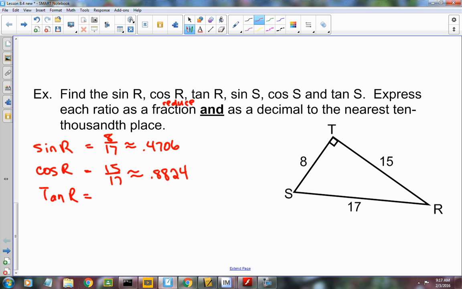And the tangent of R, what's the tangent of R going to be? 8 over 15, because it's the opposite leg over the adjacent leg. Okay, 8 over 15, and that would be 0.5333.